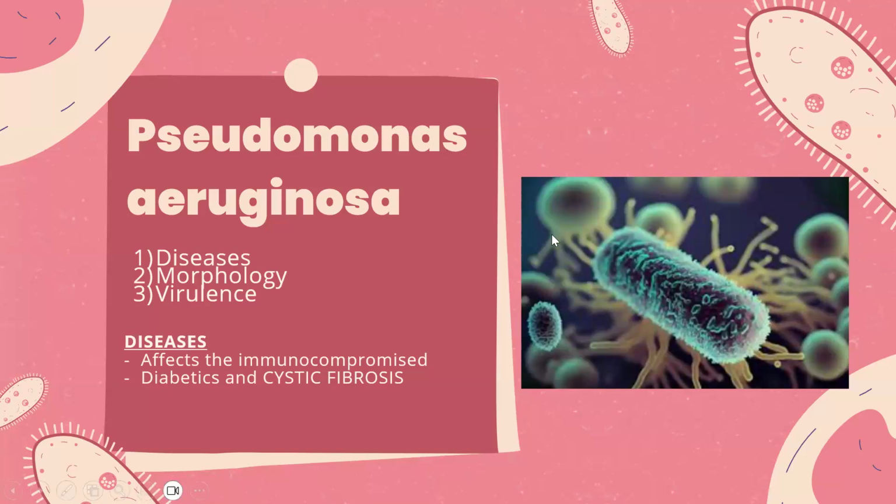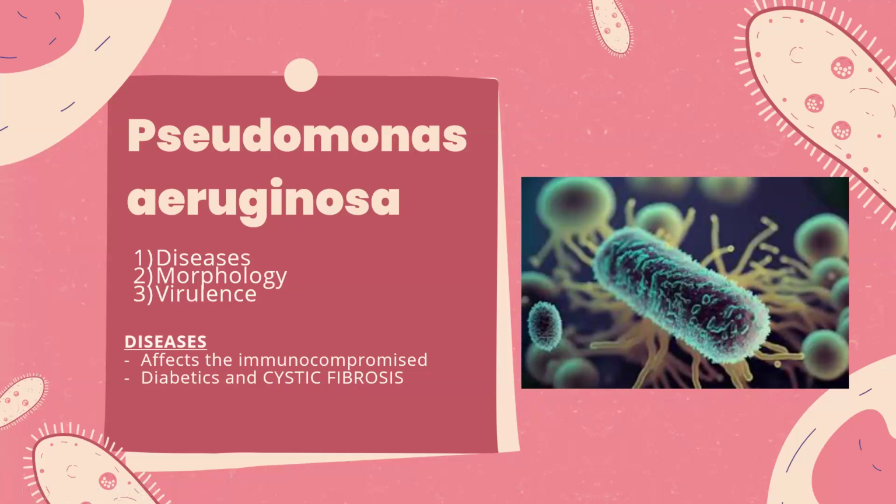But for Pseudomonas aeruginosa, the doctor said that it is also affecting cystic fibrosis patients, and I think that's significant. Maybe she will ask about it, but patients with cystic fibrosis have high chances of getting Pseudomonas aeruginosa and manifesting as chronic otitis media.